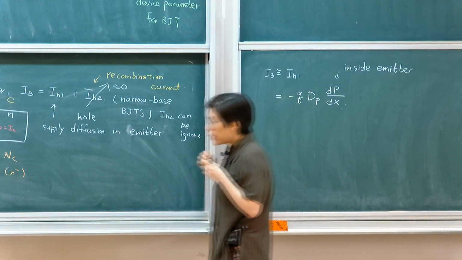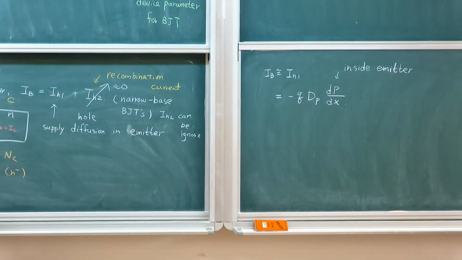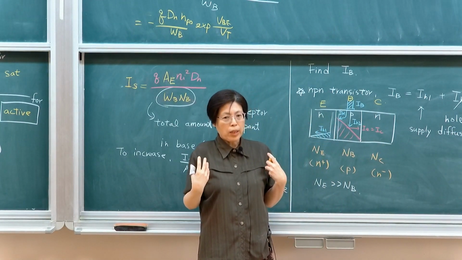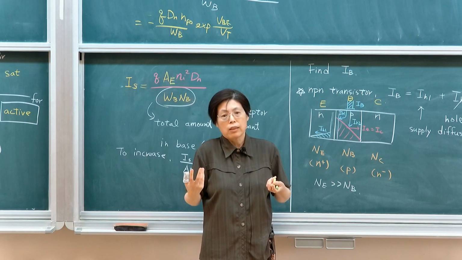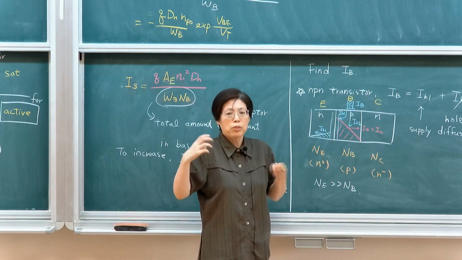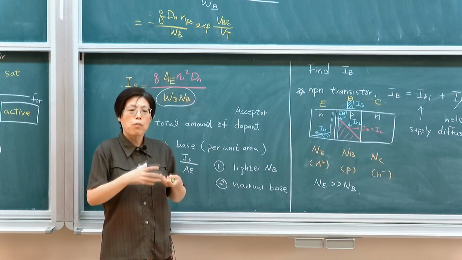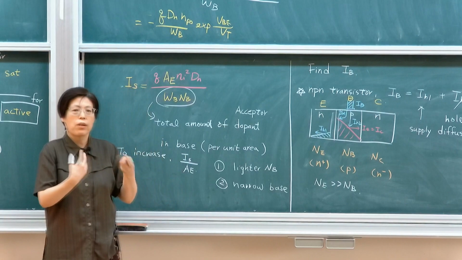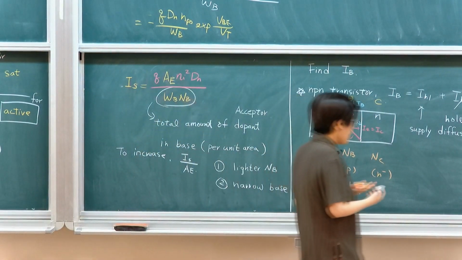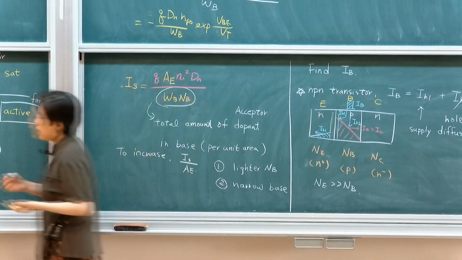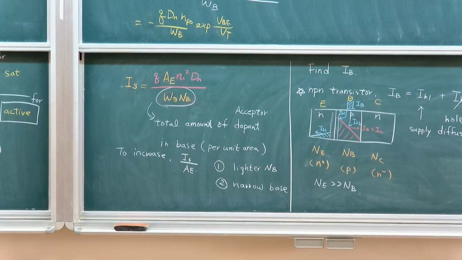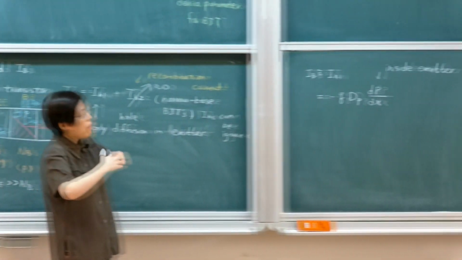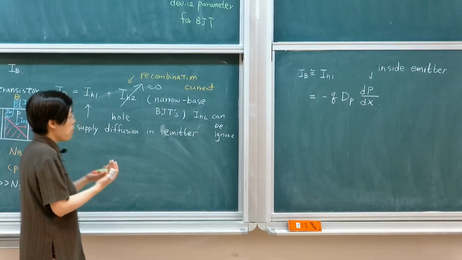As I said, it's very tricky in a way that your collector current depends on the base. Your base current depends on emitter. So if I want to modulate emitter current, base current, I need to redesign my emitter. If I want to modulate collector current, I need to engineer my base. So it's not that straightforward, but the point is to get a sense of where it goes and what the limiting components are. Okay, so whatever happens inside emitter will determine your base current.